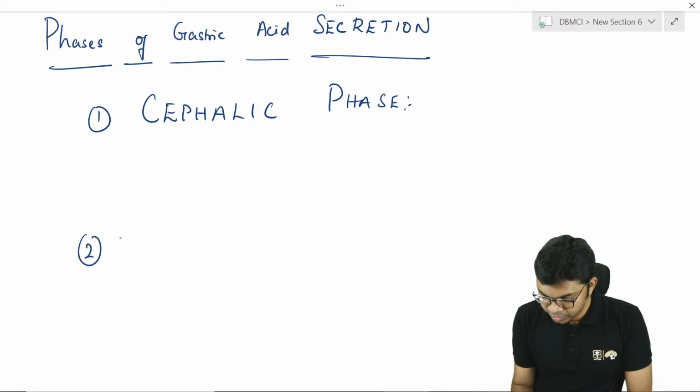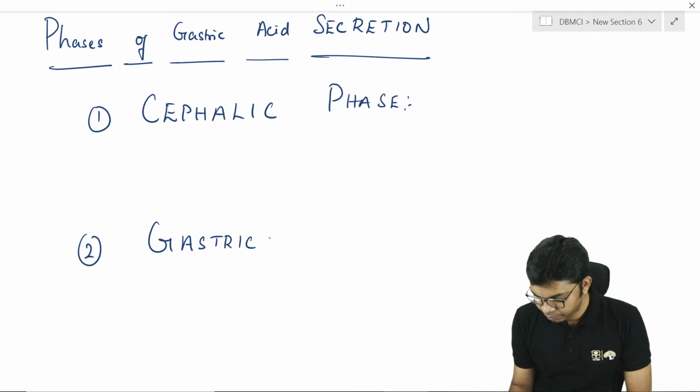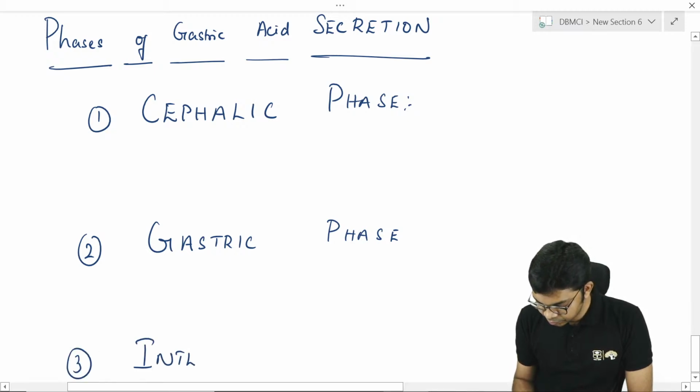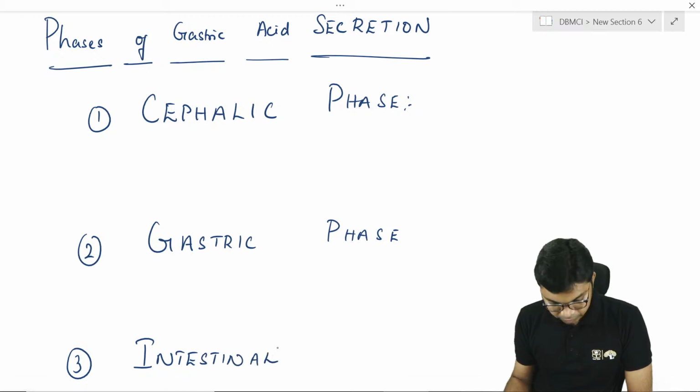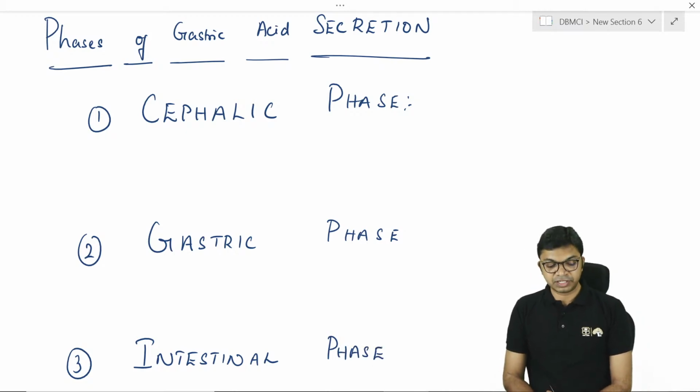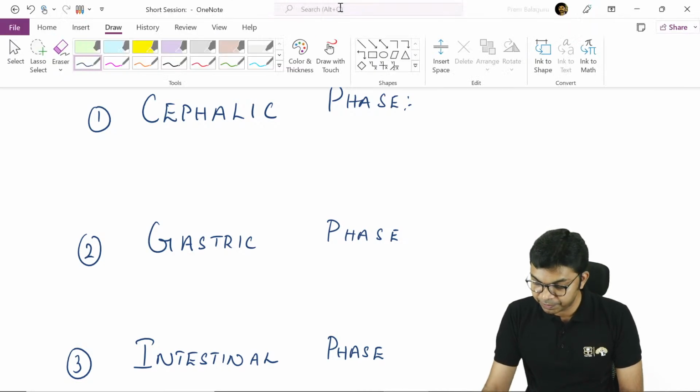The second one is the gastric phase. And the third one is the intestinal phase. Alright, people, cephalic phase, gastric phase as well as intestinal phase.